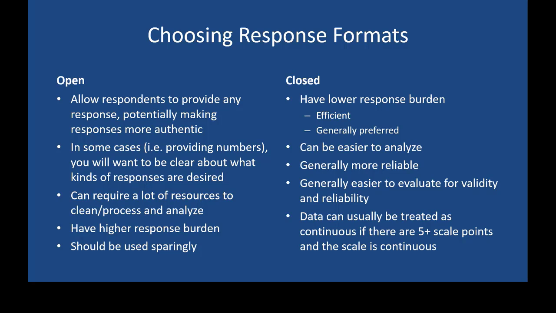In some cases, like if you're asking someone to put in, say, a zip code, or what's your salary, you want to be really clear about how you want them to enter that information. So if you want to ask about salary, you can put in a box and say, please report your annual salary.